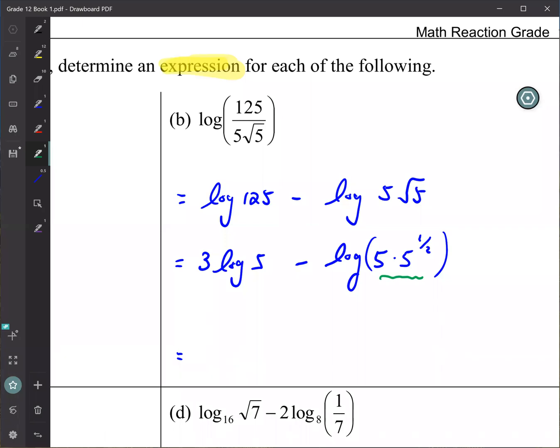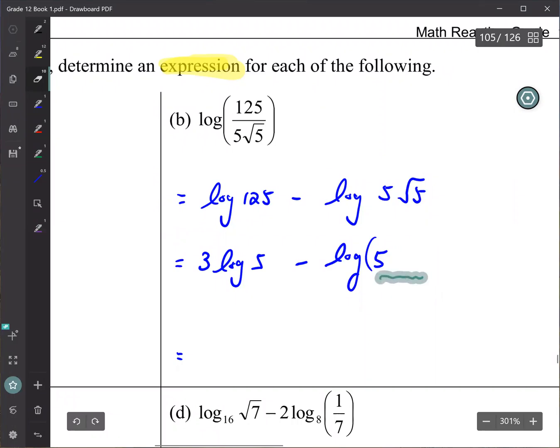You can multiply them together? 5 to the power of 3 over 2. Oh, 5 to 3 over 2. Okay, very good. All right, so this one is 5 to the 1, and then the other one is 5 to the half. You could add the exponents together, right? So you get 5 to the 3 over 2.